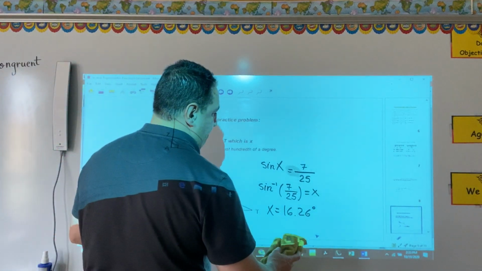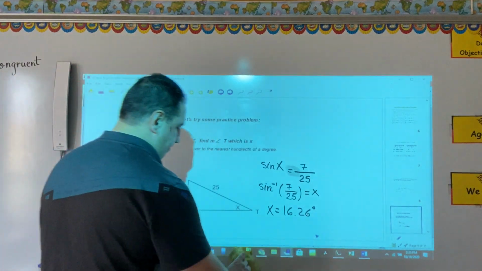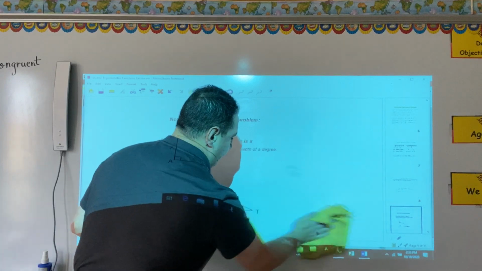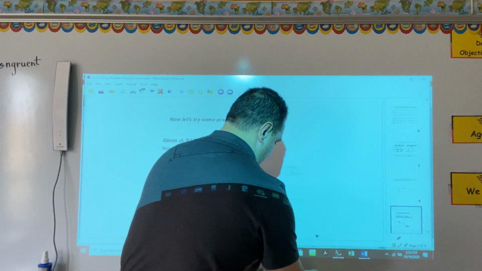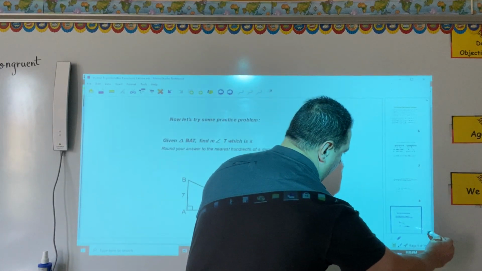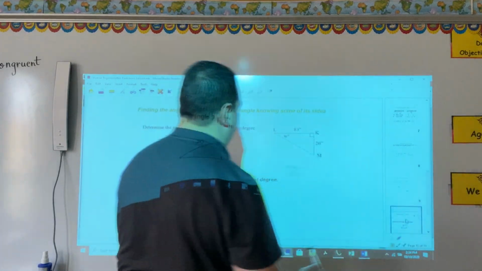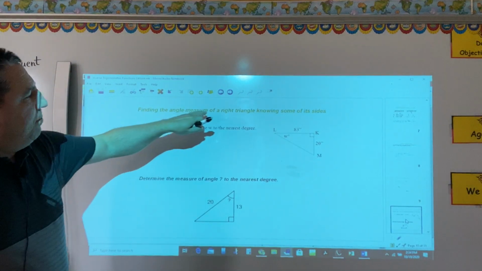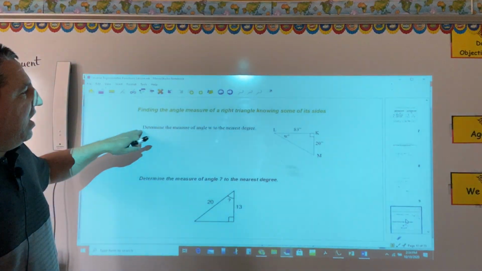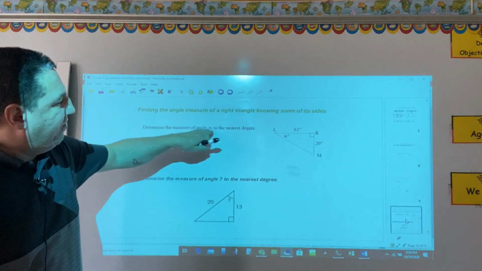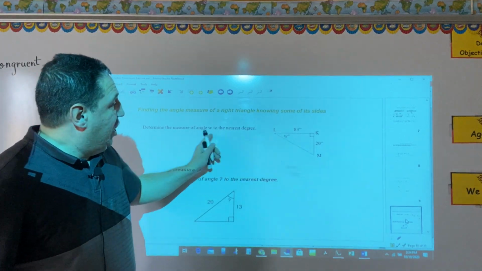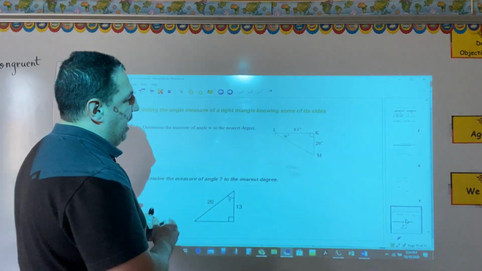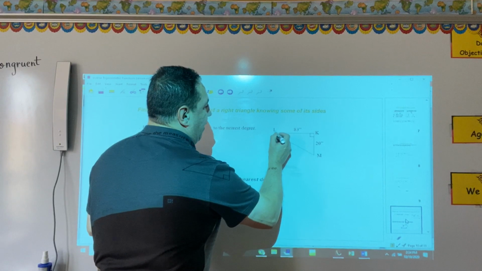Good. Another example. Find the angle measure of a right triangle knowing two of its sides. Determine the measure of angle W, to the nearest degree. So, we mark the angle.